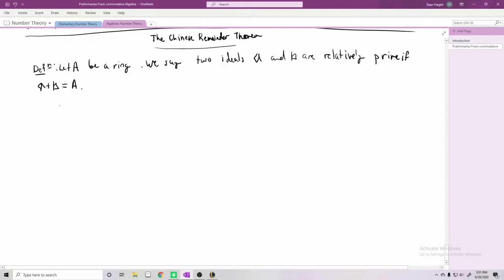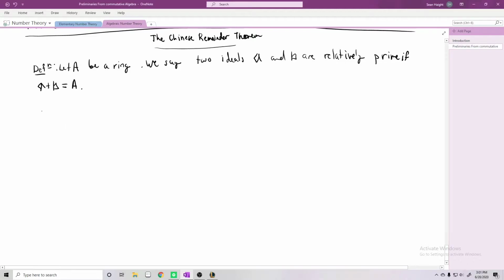So if A is the integers, then two numbers, little a and little b, are relatively prime exactly when the sum of their ideals is all of Z. And yeah, so this generalizes your preconceived notion of what it means for two numbers to be relatively prime or coprime.